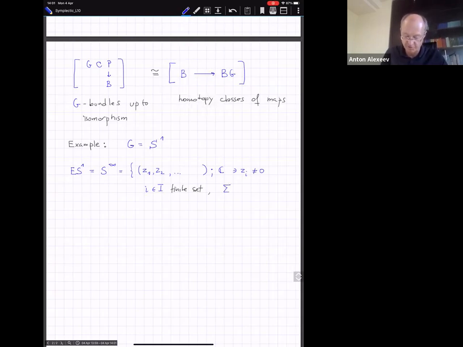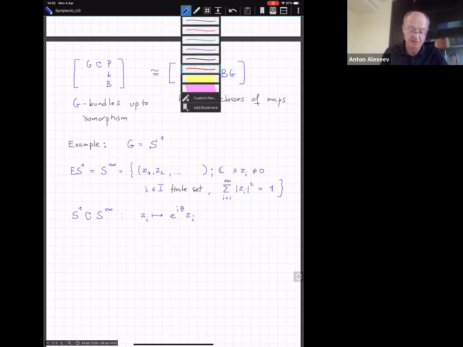And then, to be a sphere, this infinite sum, which is actually a finite sum of squares of absolute values, should be equal to 1. So this is some kind of space. It's infinite dimensional, and it has an action of S1. You just rotate each of those z_i's.